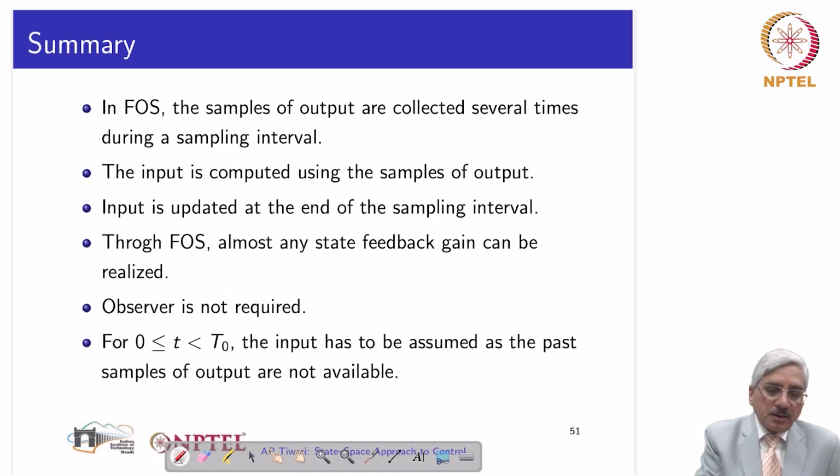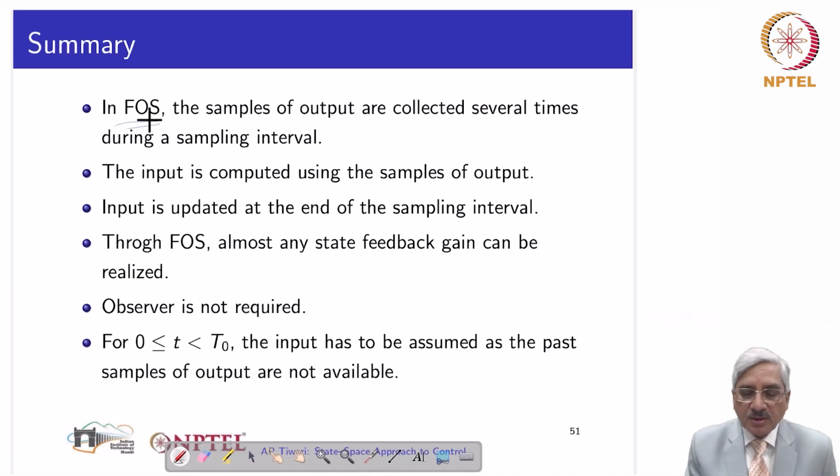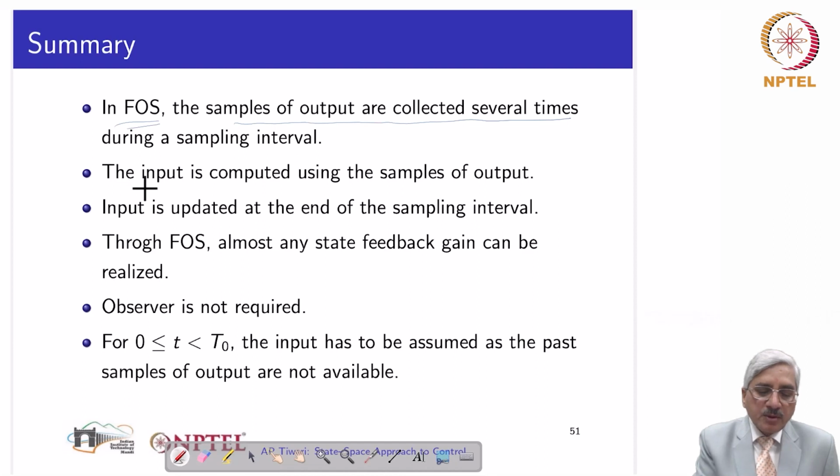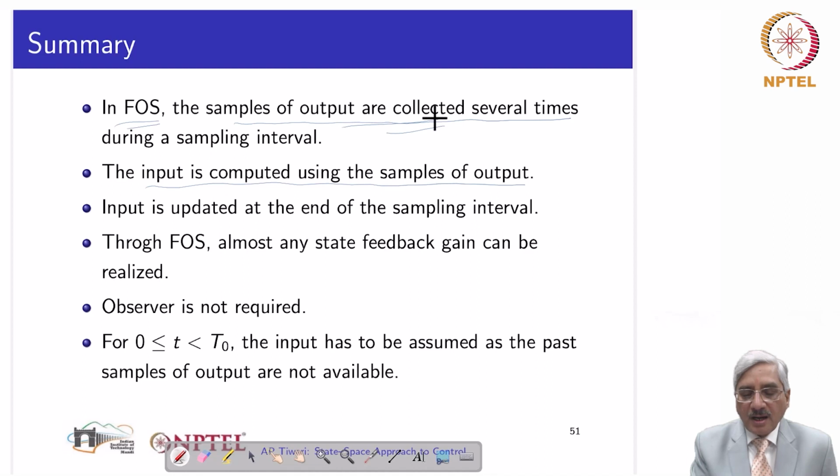The feature of the fast output sampling based controller is that the samples of output are collected several times during one sampling interval of the input, and the input is computed using these samples of output collected by the end of that previous sampling period, and then the control signal is applied at the end of the sampling interval. And almost any state feedback can be realized in FOS.